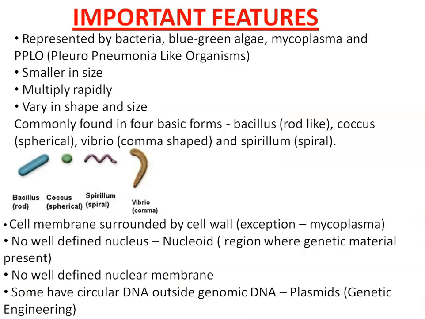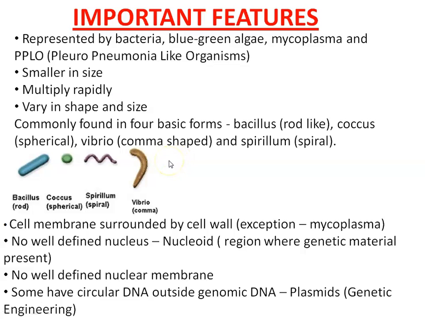The important features are as follows. These are the cells which are represented by bacteria, the early forms: blue-green algae, mycoplasma and PPLO. They are smaller in size, they can be single-celled, and they multiply very rapidly. They also vary in shape and size.